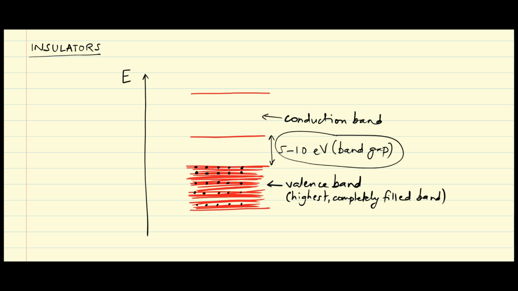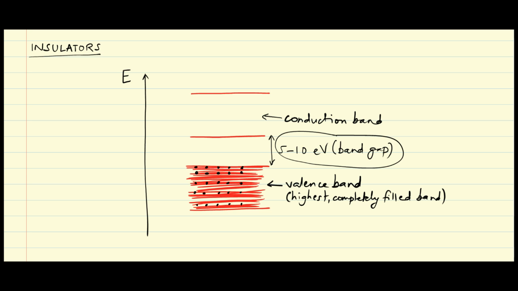And since there is no way in which these electrons can gain energy from the applied electrical field, the electrons of an insulator cannot participate in the conduction of electrical current. And that's the reason why an insulator cannot conduct electrical current.